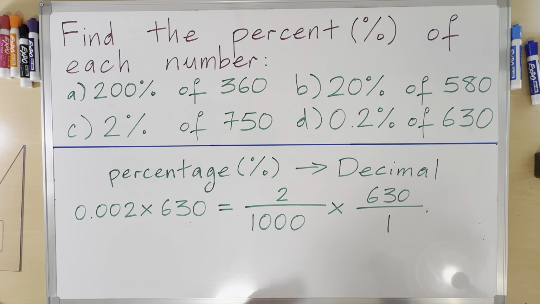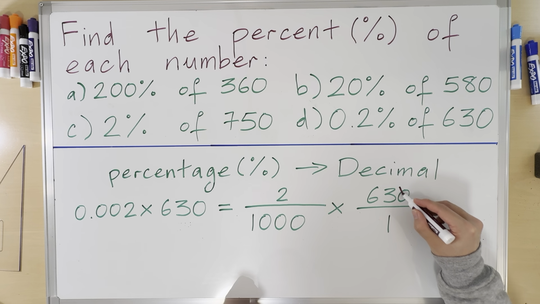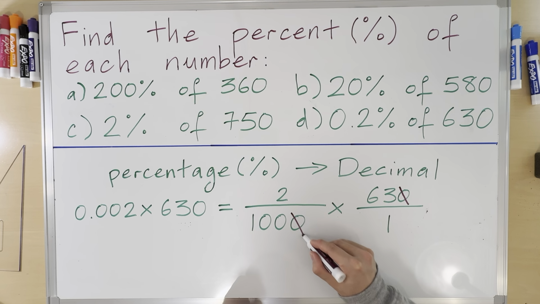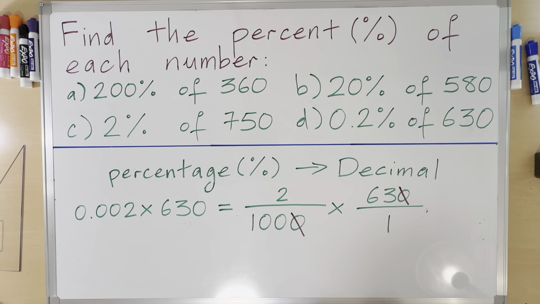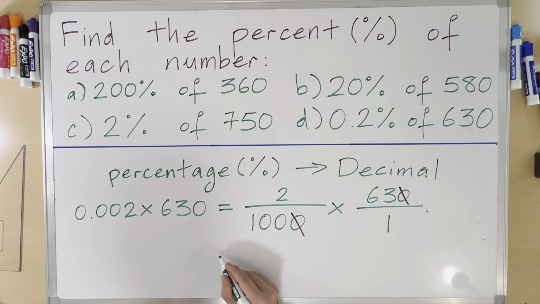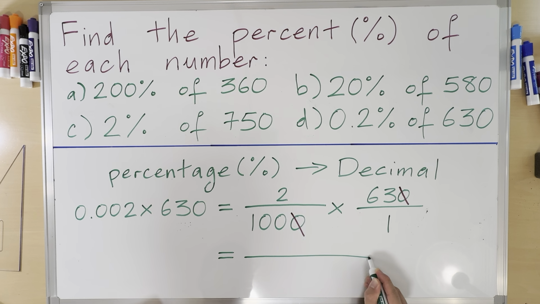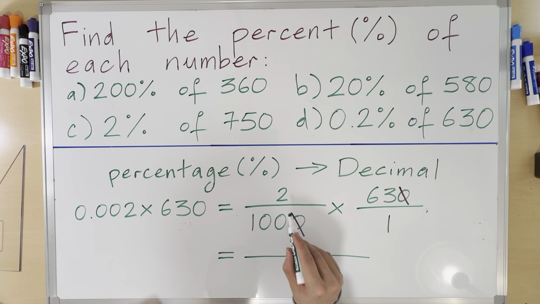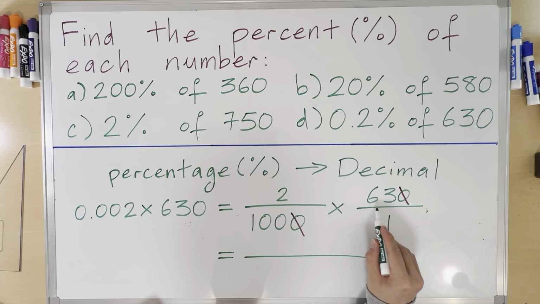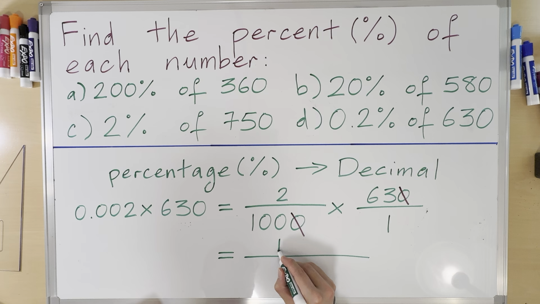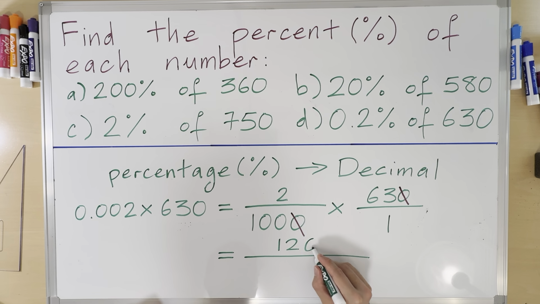And right off the bat, we can eliminate these two zeros, which leaves us with the following. On the numerator side, 2 times 63 gives us 126. 100 multiplied by 1 gives us a denominator of 100.